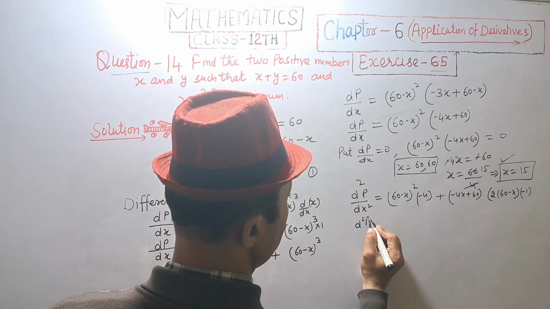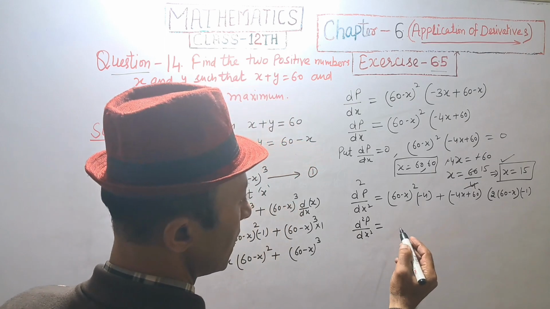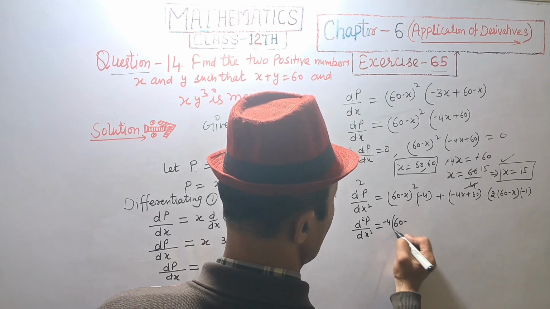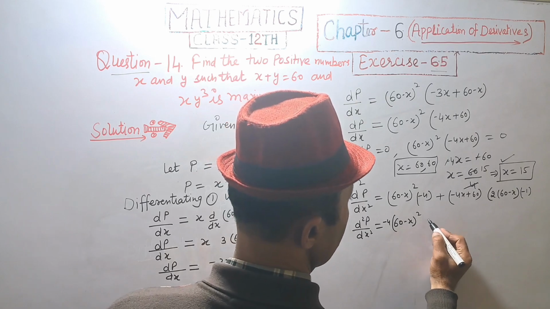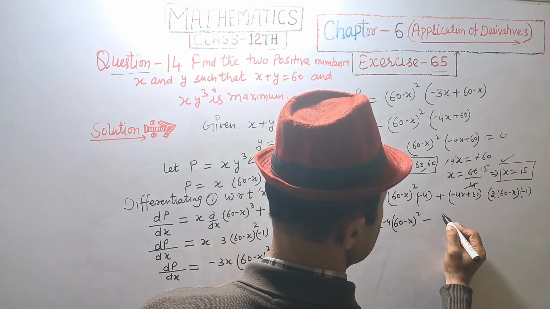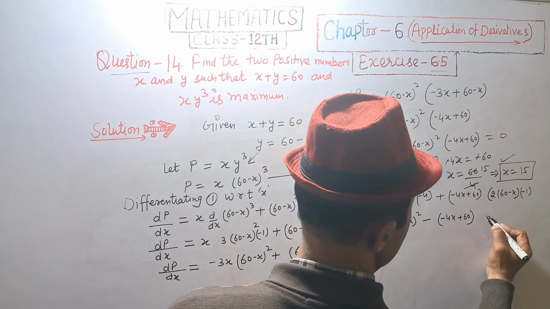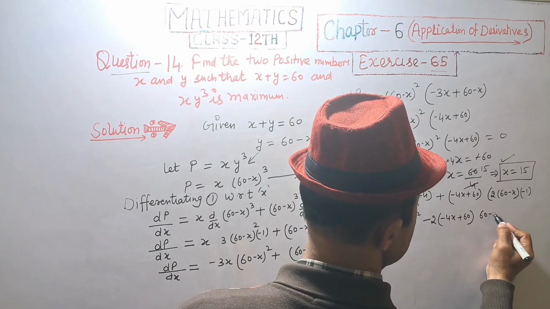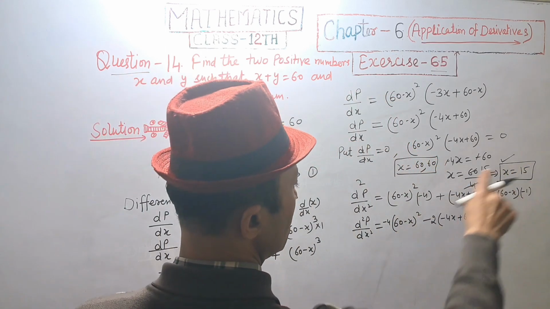So d square P upon dx square is equal to minus 4 into (60 minus x) raised to power 2, plus (minus 4x plus 60) into 2 (60 minus x), and x is equal to 15.